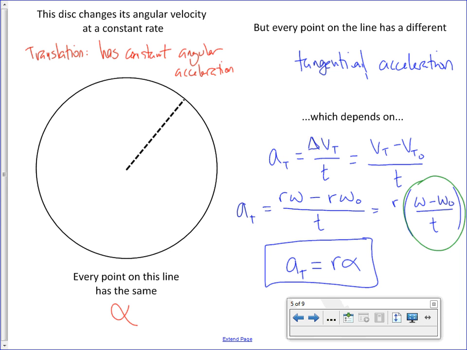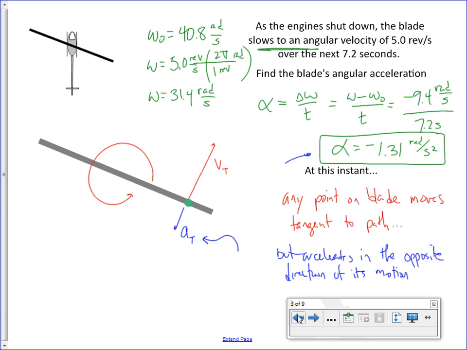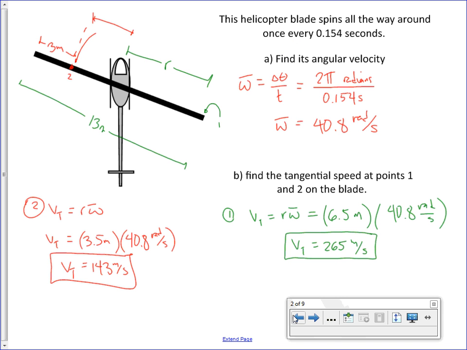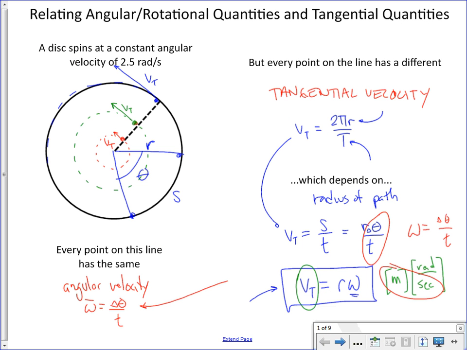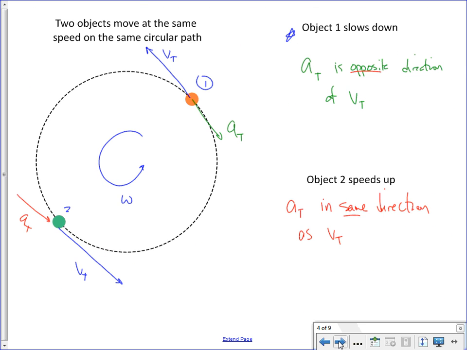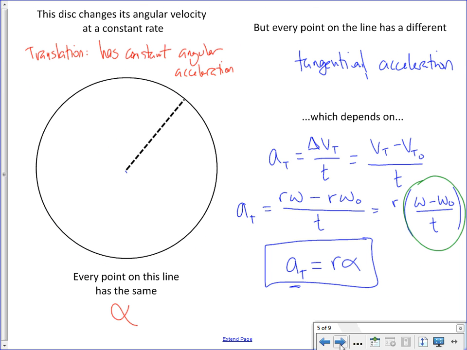So the farther out you are from the middle, the bigger your tangential acceleration. Because the farther out you are from the middle, the bigger your tangential speed. So the faster you're going out towards the outside, well, that really means the more your speed will change. So therefore, the bigger acceleration you have.